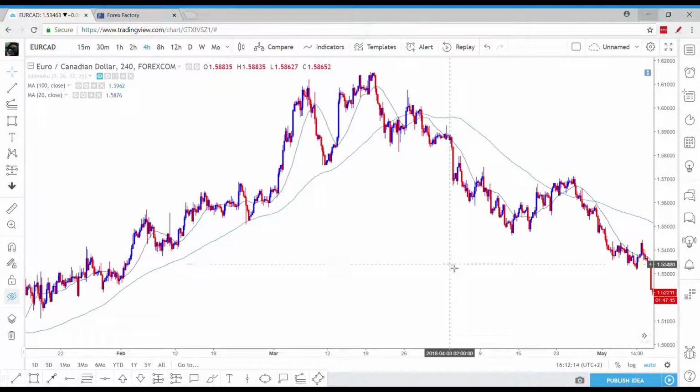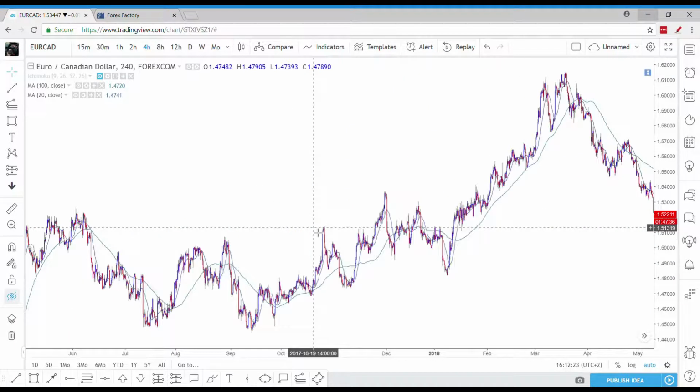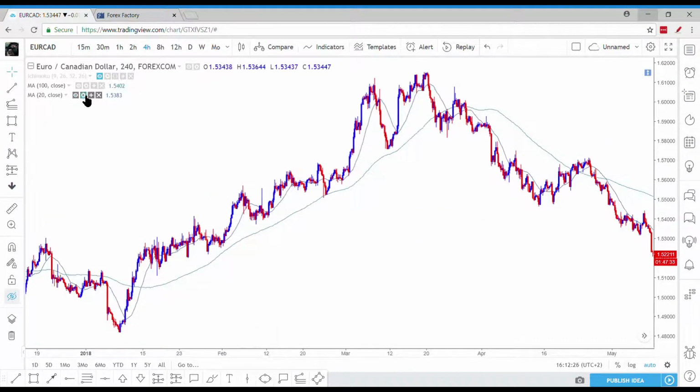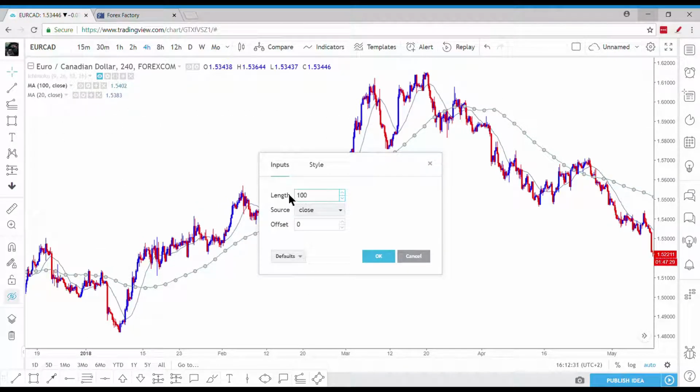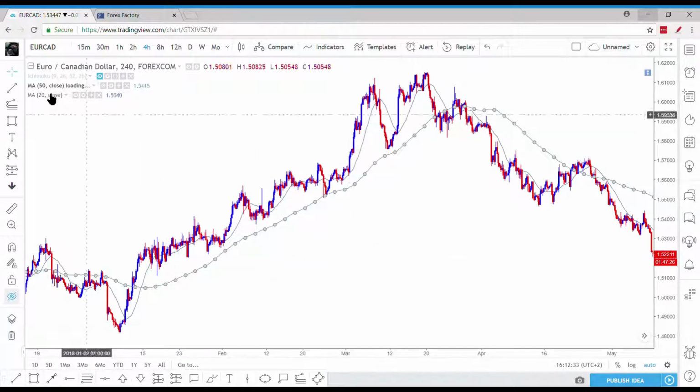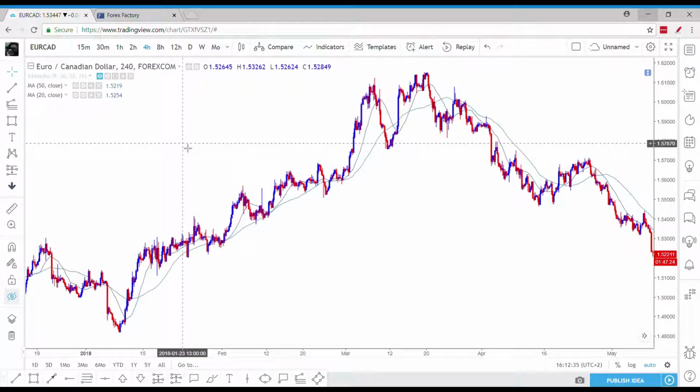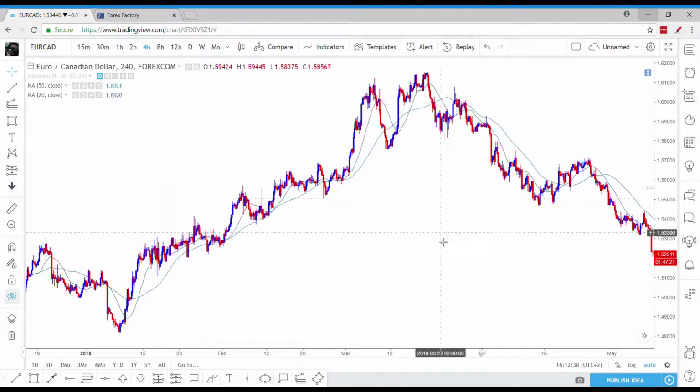I see many traders wanting to make quick profit and to learn quickly, finding an easy way. There is no easy way in trading. What I see many people doing is, for example, taking a 50 moving average and adding a 20, and they will basically trade the crossovers.